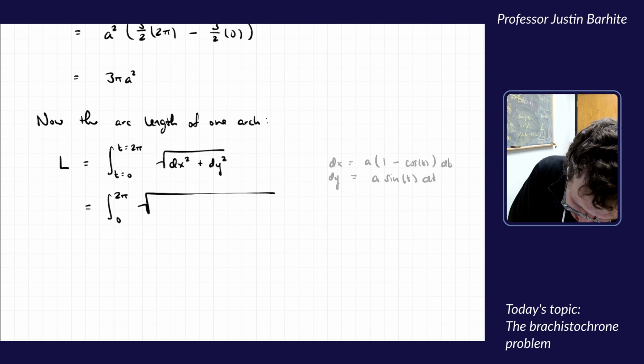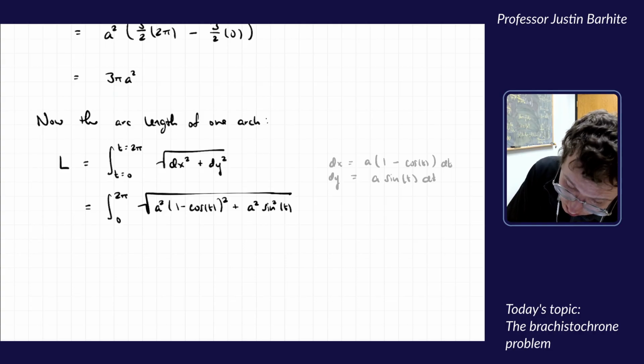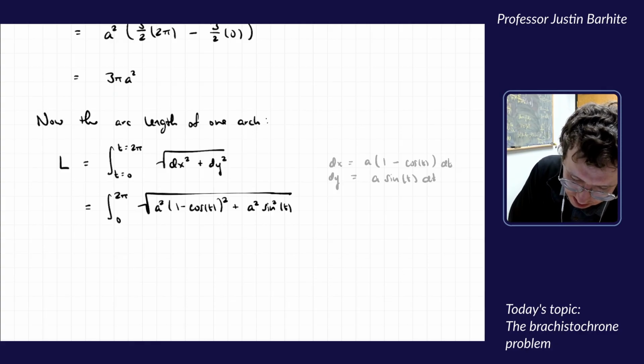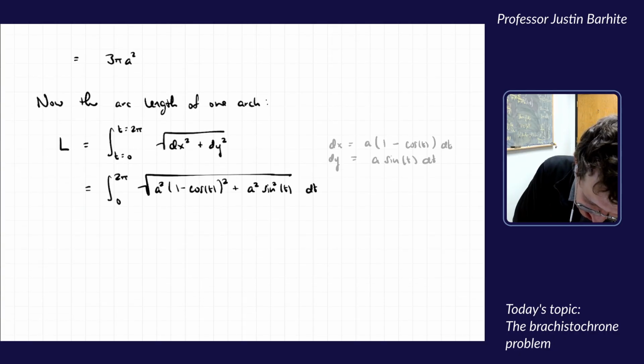Okay, so dx squared is a squared times 1 minus cosine of t squared. dy squared is a squared sine squared of t. Oh, and they both have a dt squared, but I'll factor out the dt squared, and then it gets square rooted, so it just becomes a dt outside the integral.